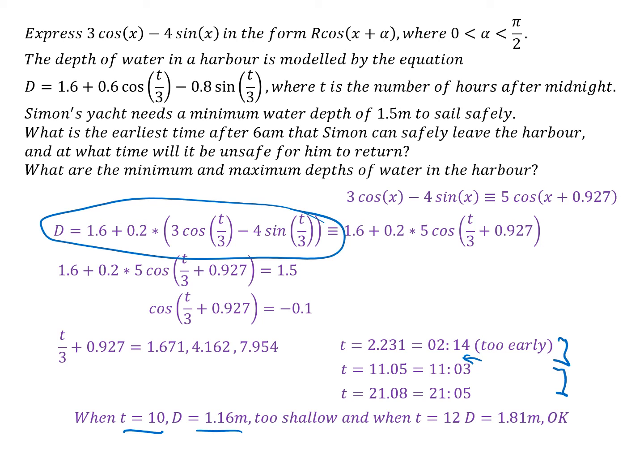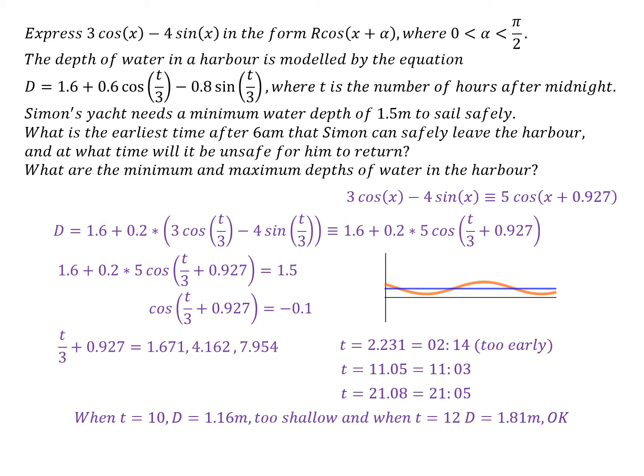So he can't leave at 6 a.m. And then looking at the value of t between these two times, t is 12. That's just a random value that I've chosen between those two times. And then when t is 12, the depth is 1.81 meters. So that's deep enough between these two times, the 11:03 and 21:05.